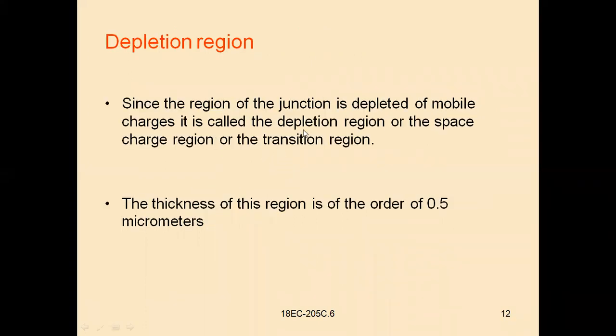Since the region of the junction is depleted of mobile charges, it is called the depletion region, or the space charge region, or we can also name it the transition region. The thickness of this region is of the order of 0.5 micrometers.